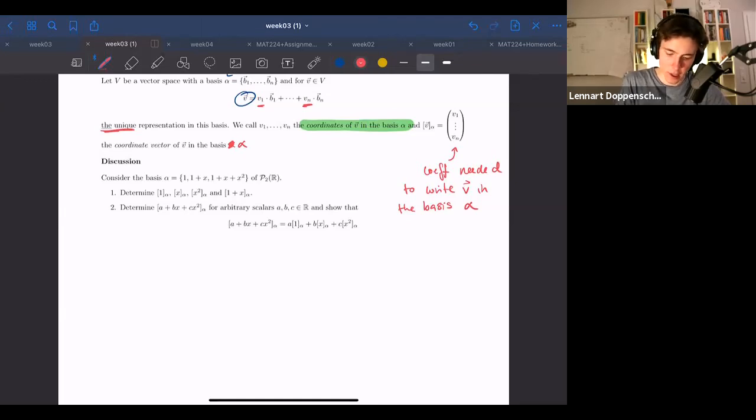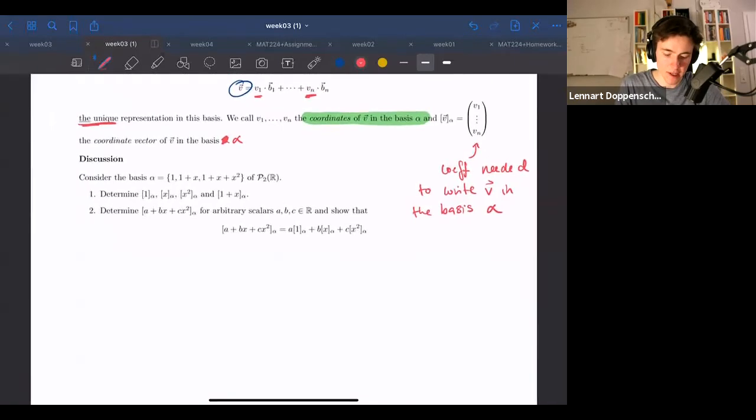This is the notation that I'm using: square brackets with a subscript alpha to remember which basis this is. To find the coordinate expressions of 1, x, x squared, and 1 plus x. And then also for an arbitrary polynomial, try to find the coordinate expression of that.